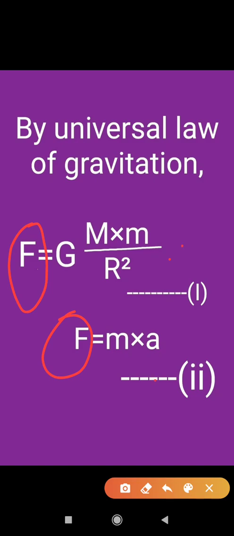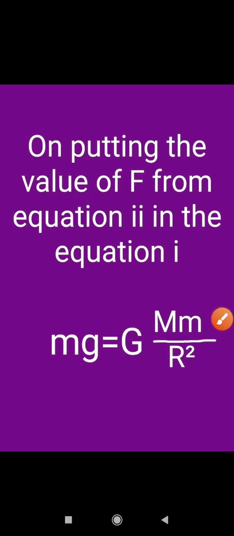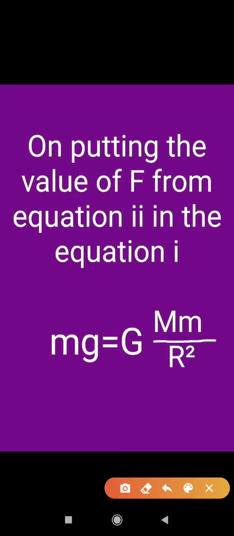So we can keep both the equations equal, or we can place the value of F from equation 2 into equation 1. Whatever value of F is given in equation 2, we place in equation 1 at this place. On putting the value of F from equation 2 in equation 1, it was F is equal to ma, and F was G M m upon r square.